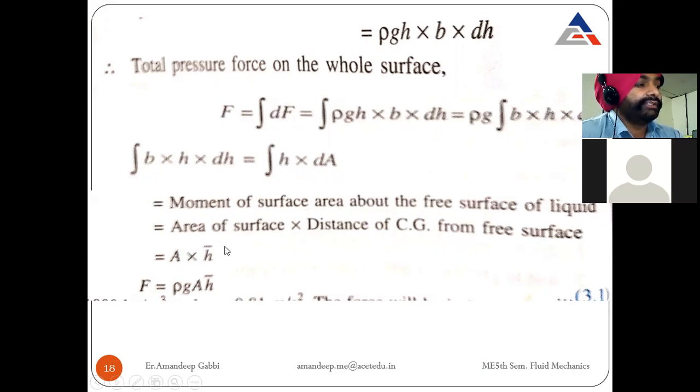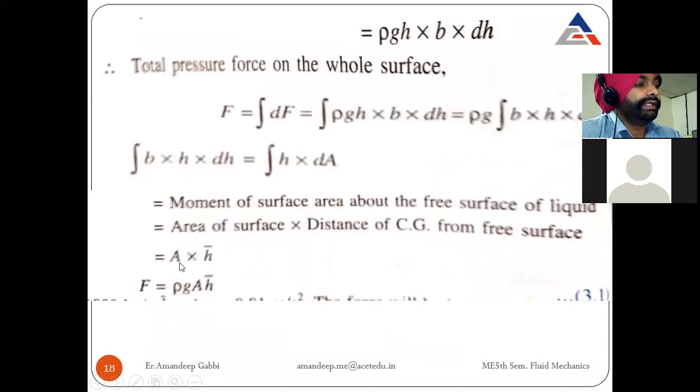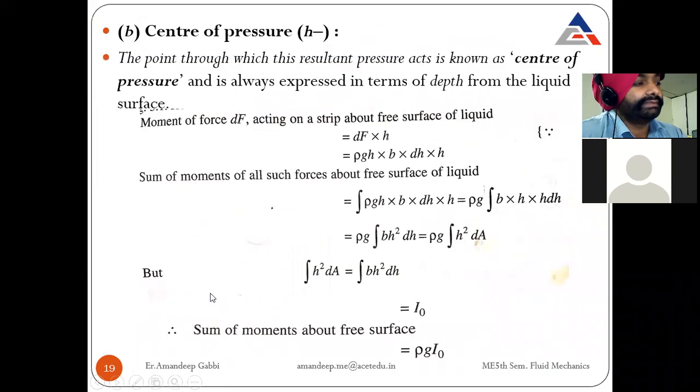So the integration of h into dA is A into h bar. Now putting this value of h into dA in this equation, you will get F is equal to rho g A h bar.